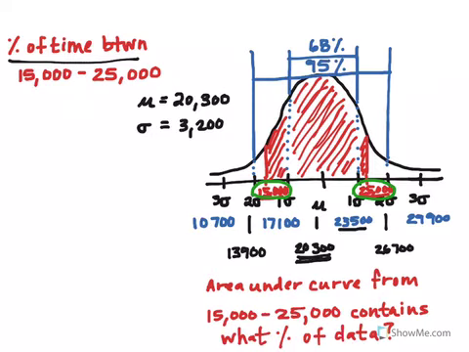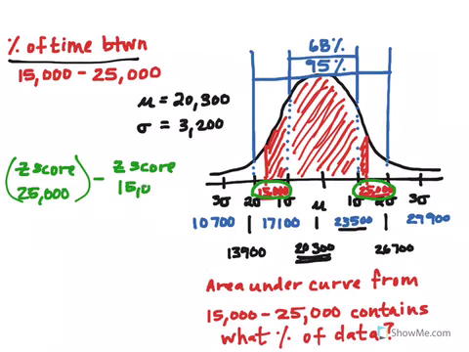So we're going to write that out here. We would just take the z-score of 25,000 and subtract from that, because 15,000 will be a smaller one, the z-score of 15,000.